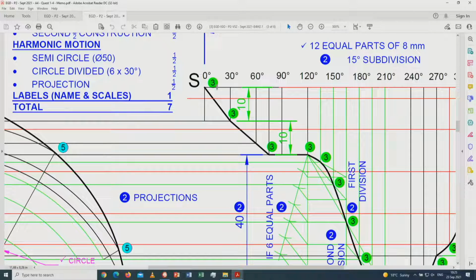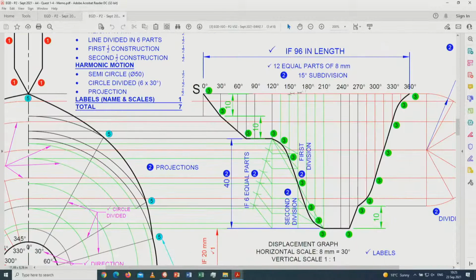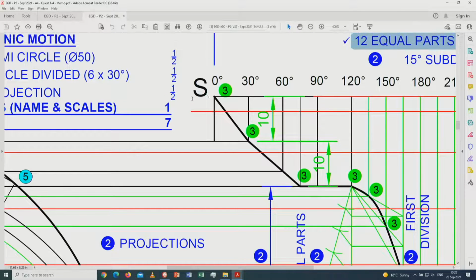Now remember, if the learner went for 10 millimeters, and it says clearly 8 millimeters, you will subtract once the mark for equal parts of 8 millimeters. Now he has made the mistake, he has been penalized for the mistake, so now if the learner goes for that 10 millimeters, of which he has already been penalized for, and 10 downwards, you still give him the marks for this one.